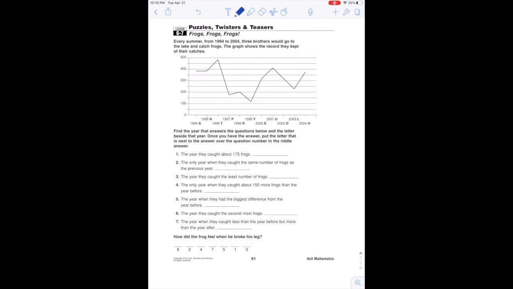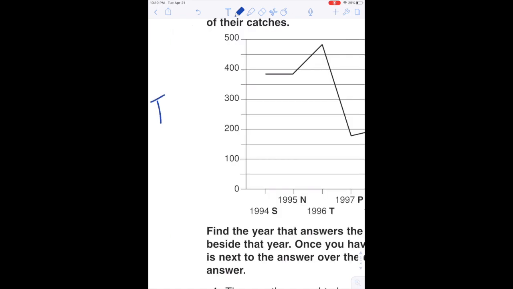It says, every summer from 1994 to 2004, 3 brothers would go to the lake and catch frogs. The line graph shows the record they kept of their catches. So that means that down here on the x-axis, these are the years that they caught frogs. On the y-axis, these are the number of frogs that they caught.